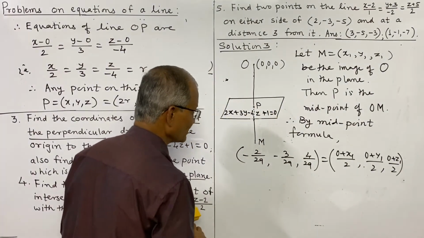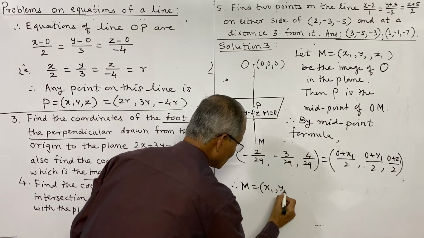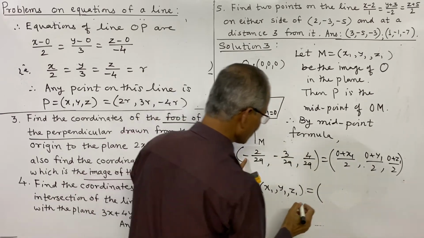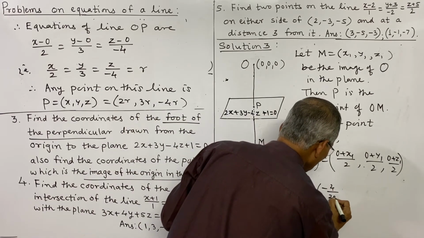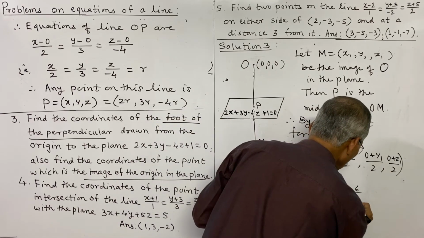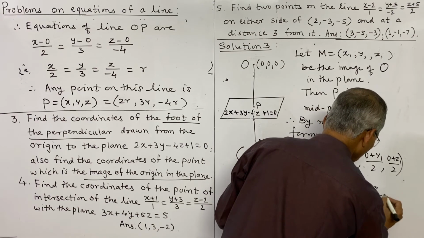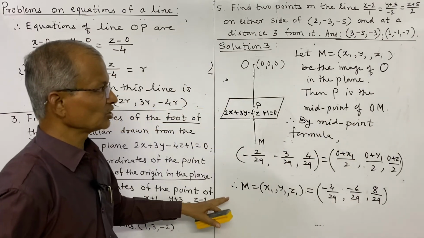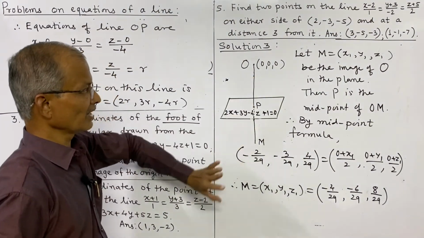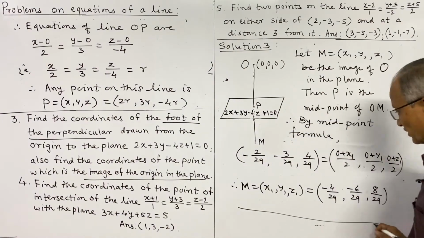So M is x1, multiply by 2, that is minus 4 by 29, minus 6 by 29, and 8 by 29, is the image of the origin O in the plane. This completes the solution.